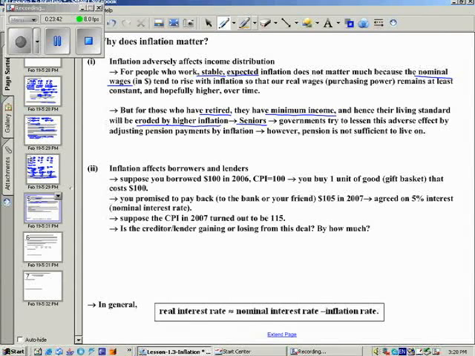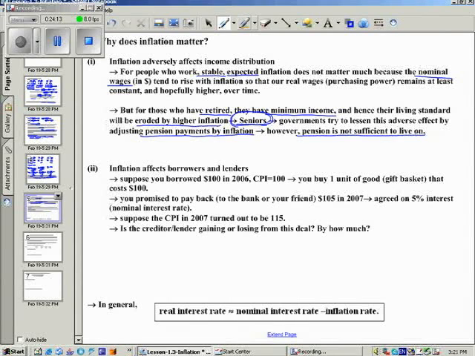Of course, the government sees that this could be the case. They try to index inflation into pension payments. But most people would probably agree you cannot really live on your pension coming from the government during your retirement. So high inflation rates tend to have adverse income distribution effects. Specifically, those who live on fixed income will be adversely affected.